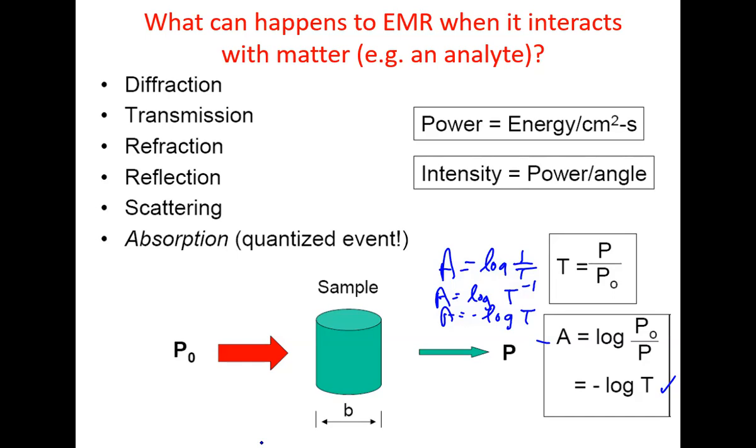I'm giving some insightful thing that you need to pay attention to. Those of you who are going to do the UV, you measure the absorbance at a given wavelength, and that absorbance will be different at a different wavelength. You have to stick to that wavelength before you can calculate.